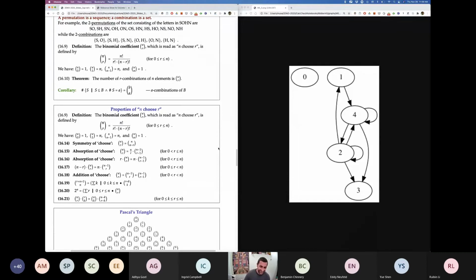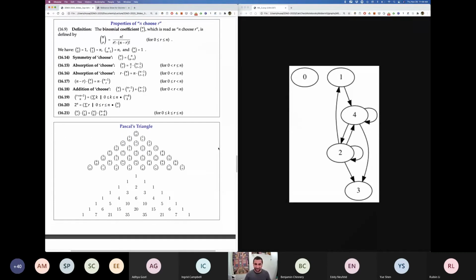There's this thing called Pascal's Triangle, and it's a way to compute these combinations. This rule is sometimes called Pascal's Triangle. It says to get the formula for n choose r, go to the previous row, to the right and to the left.